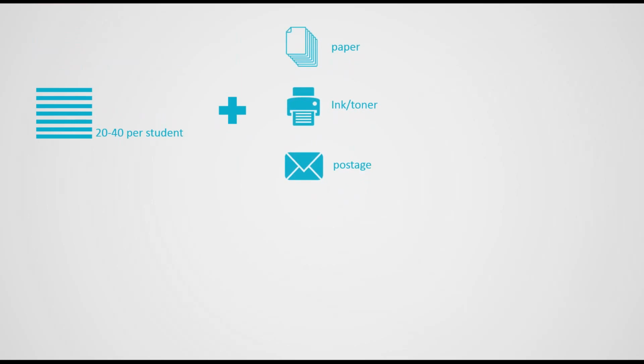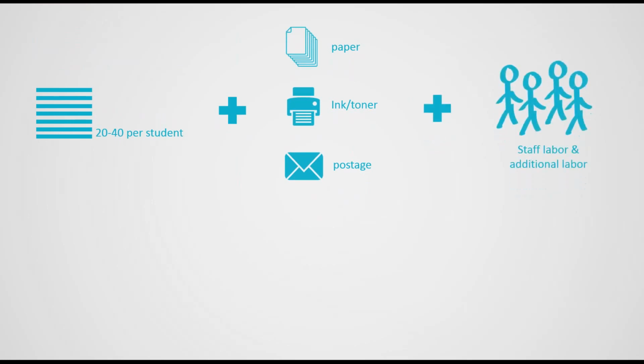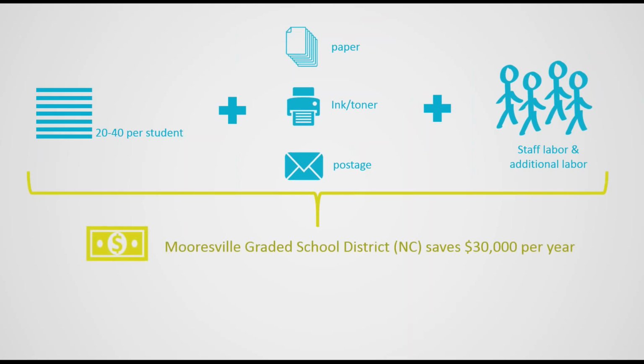When you factor in the cost of paper, of toner, of postage, that cost of registration steadily rises, and districts often even have to hire temps during the registration season, as well as allocating overtime for administrative staff. Now, this isn't to say you're going to eliminate jobs necessarily, but you're going to allow this staff to spend more time with families, be more engaged with families, rather than dealing with matters around administration.